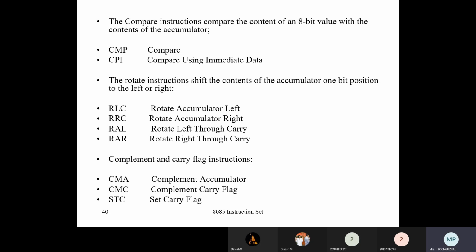If all these three are 0, then it says A is greater.